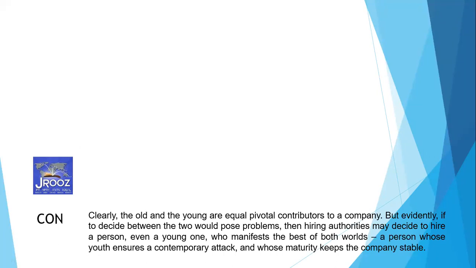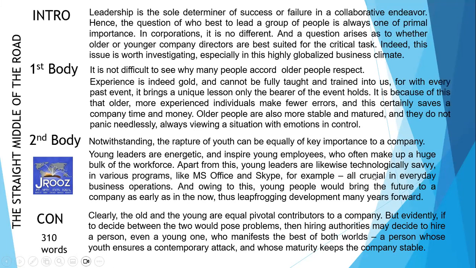Clearly, the old and young are equal pivotal contributors to a company, but evidently, if to decide between the two would pose problems, then hiring authorities may decide to hire a person, even a young one, who manifests the best of both worlds. A person whose youth ensures a contemporary attack and whose maturity keeps the company stable. So smart. That's the coexist, guys.